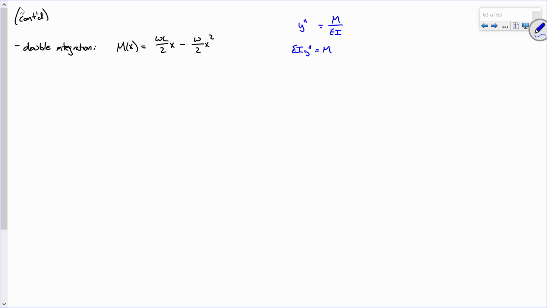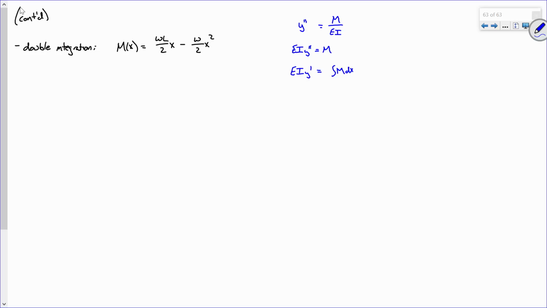Just multiply that over. And if I integrate, I would get EI y prime is the integral of M dx. Everybody okay with that? Now, y prime, we have a very special name for that. That is the slope.